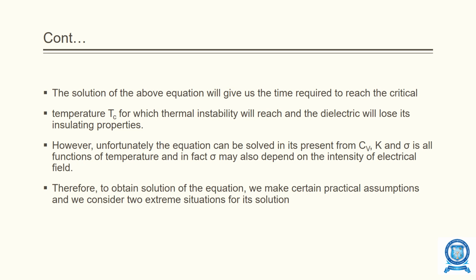Solution of the above equation will give us the time required to reach the critical temperature Tc, at which the thermal instability will be reached and the dielectric will lose its insulating properties. However, unfortunately, the equation is difficult to solve, since Cv, k and sigma are all functions of temperature, and in fact sigma may also depend on the intensity of the electric field.